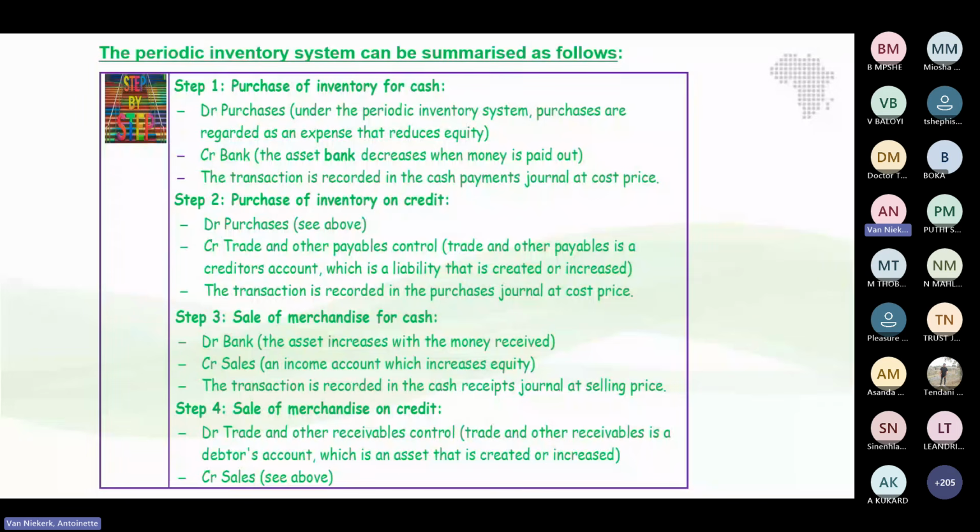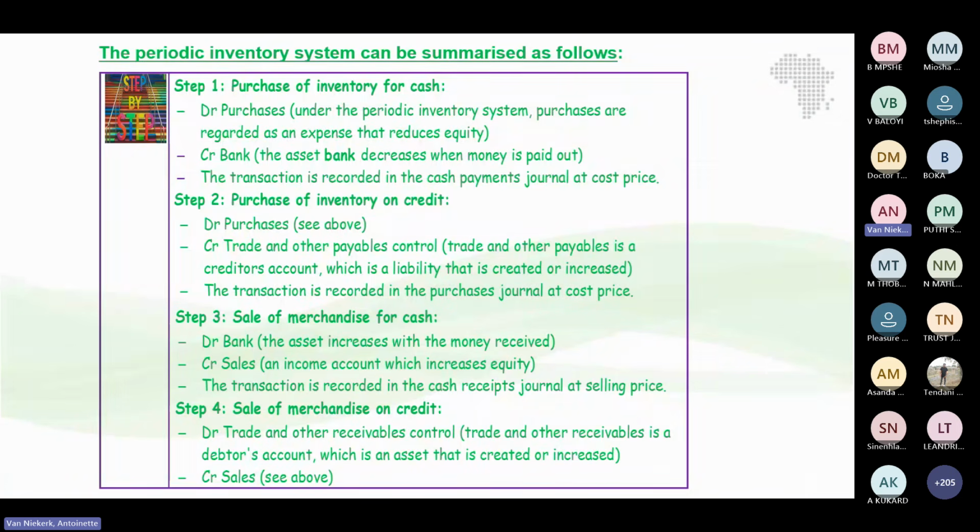In this case, we sold on credit. So, this means that a client or entity bought on credit from us. In that case, it means that they will owe us money and that the trade and other receivables account will be applicable.